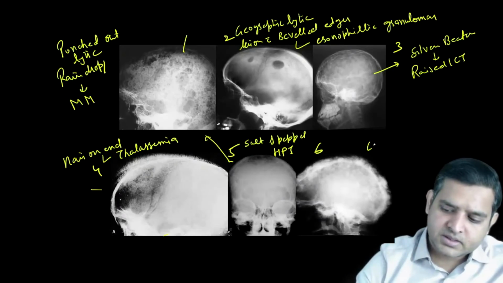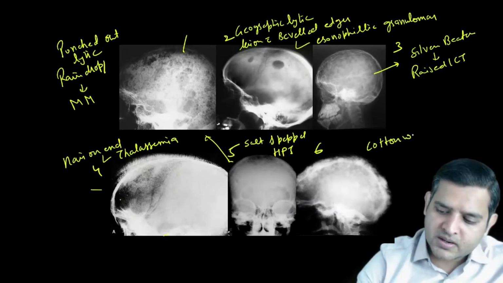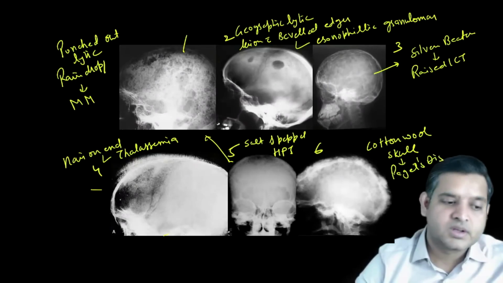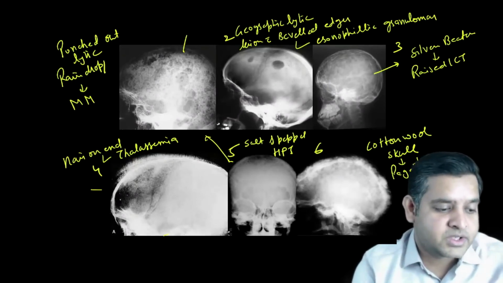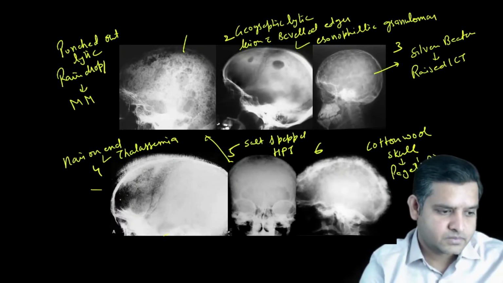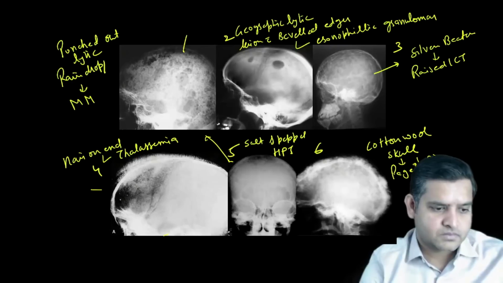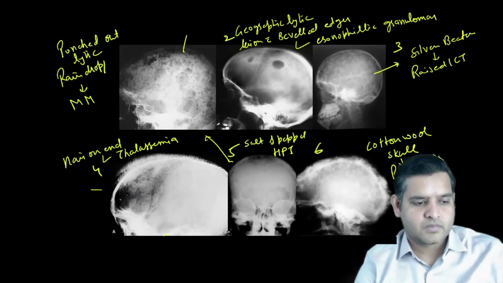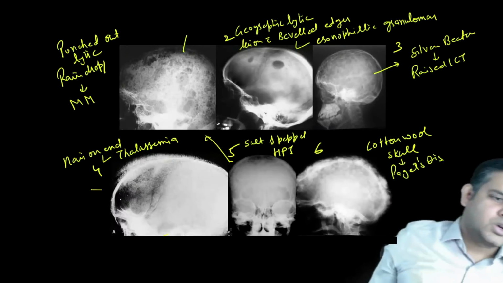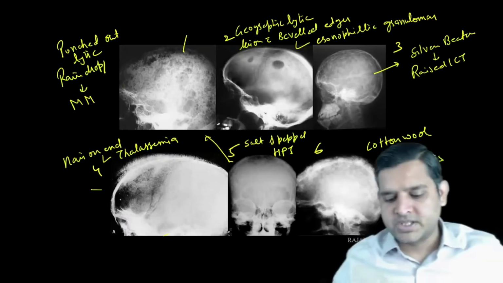And the 6 is cotton wool skull, which is a feature of Paget's disease.